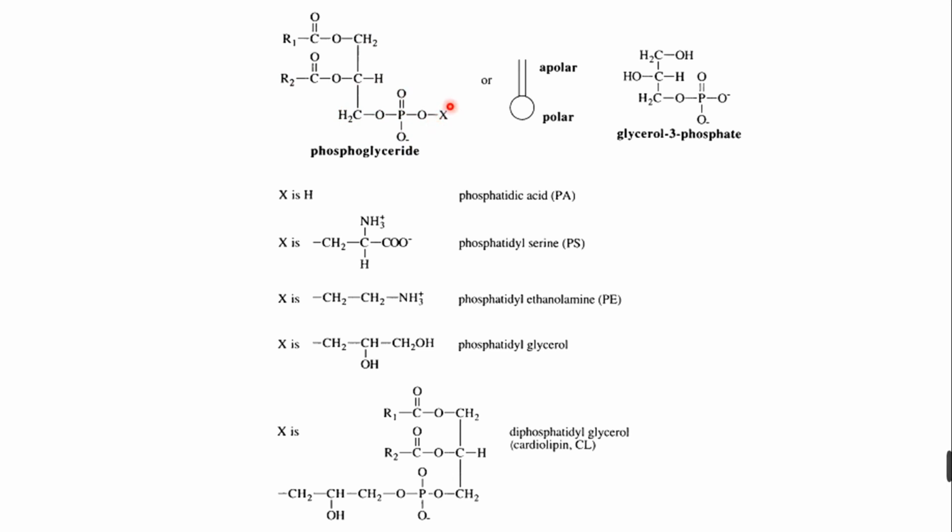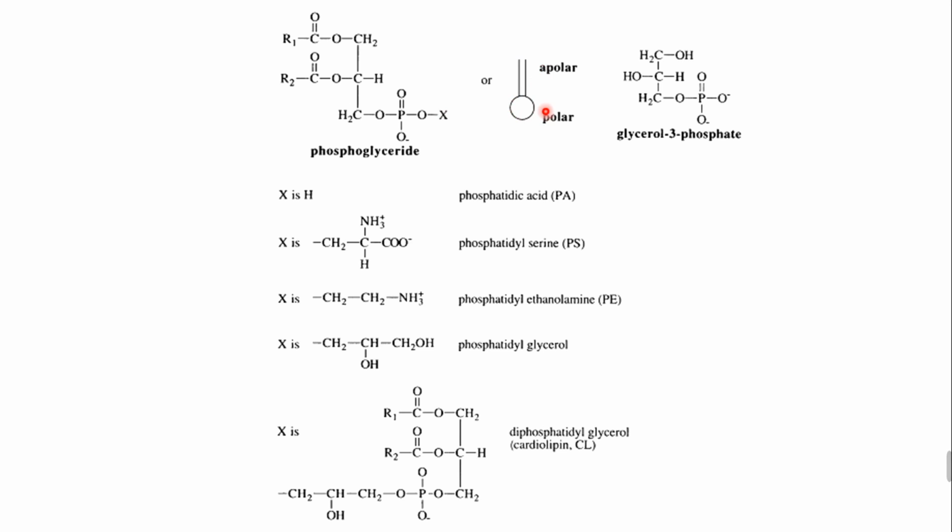The X molecule is the reactive molecule that is going to be attached. Usually the X will be an organic molecule. You can see here the serine, ethanolamine, glycerol. Mostly all the X molecules are more polar. So that is why schematically it is represented like this.